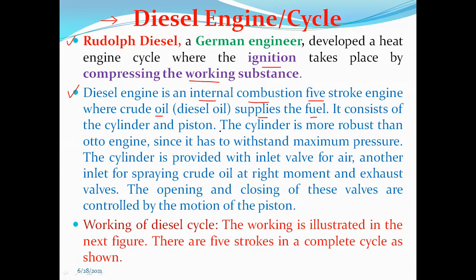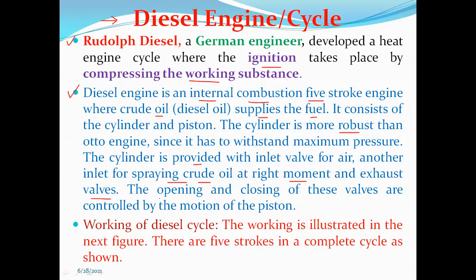It consists of the cylinder and piston. The cylinder is more robust than the auto engine since it has to withstand maximum pressure. The cylinder is provided with an inlet valve for air, another inlet for spraying crude oil at the right moment, and exhaust valves.